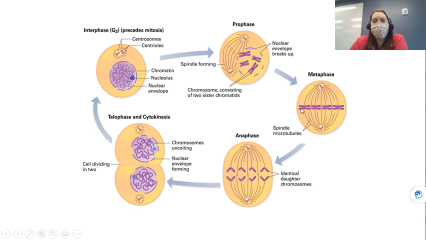Metaphase, they lined up down the middle. Anaphase, they are being pulled away or apart to each opposite side of the cell. And then once the DNA reaches each side of the cell, it relaxes, it uncoils into the chromatin shape again, and our nucleus comes back. And with cytokinesis, we're going to divide that cytoplasm in half, and whoop, we get to start the cell cycle right over again with interphase back in the G1.